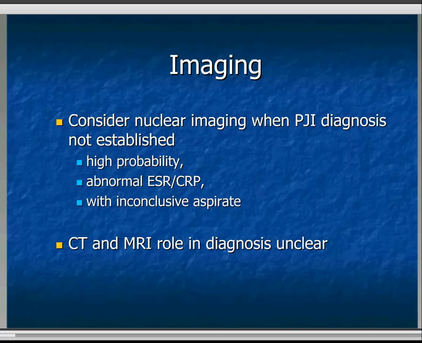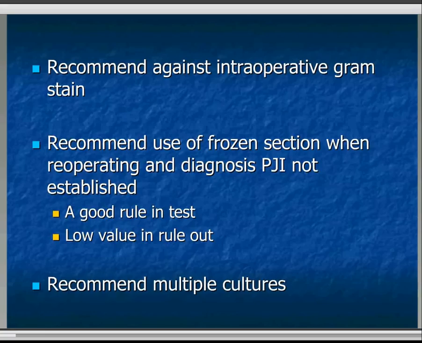Moving on to imaging, the recommendations were to consider nuclear imaging when the diagnosis wasn't established, but there's a high probability clinically, a high ESR, or with inconclusive aspirates. Most of us don't find nuclear imaging that helpful, but there was an opinion rather than evidence that a CT and MRI role is certainly unclear in diagnosis.